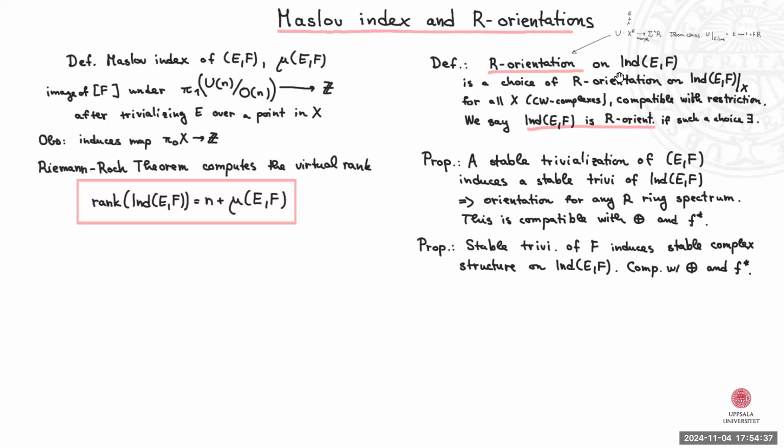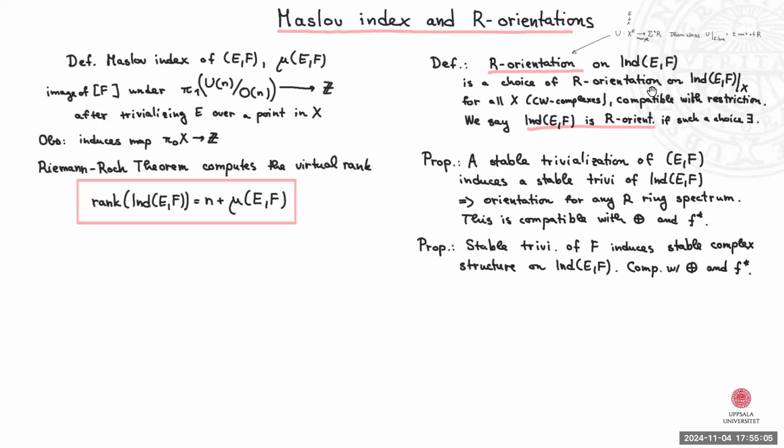You can also do it for virtual bundles, but there is zero time to talk about everything. But it works fine. It works as you would like it to work. So this R orientation on this index bundle is a choice of orientation with respect to all the CW complexes, which is somehow compatible with restrictions.